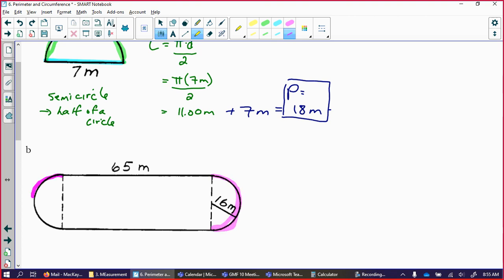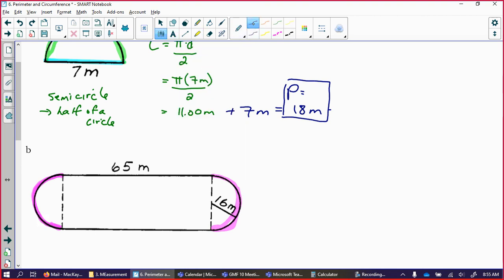Is this the other half of the circle? It's really hard. So to me, that looks like a whole circle. We also have to assume that they're symmetric because there's no other information given.